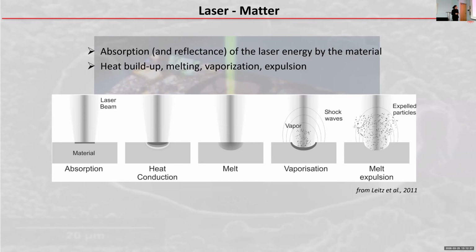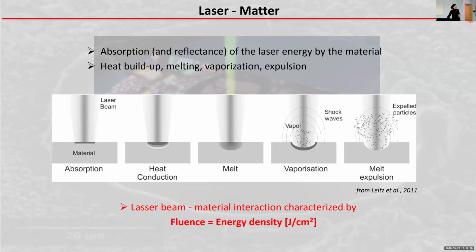The minute the laser light interacts with the material, there is absorption going on. The energy from the laser will be transferred partially to heat. Melting can happen, depending on your sample consistency. Vaporization will happen, and the sample material will be excavated.